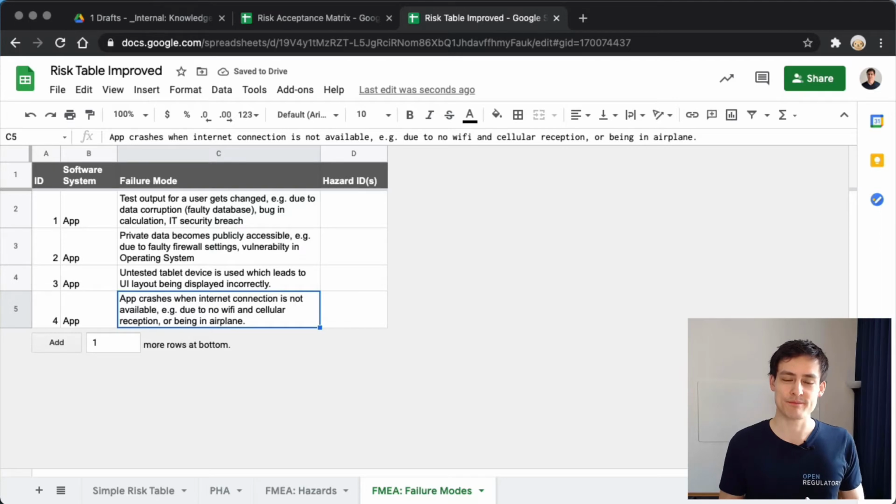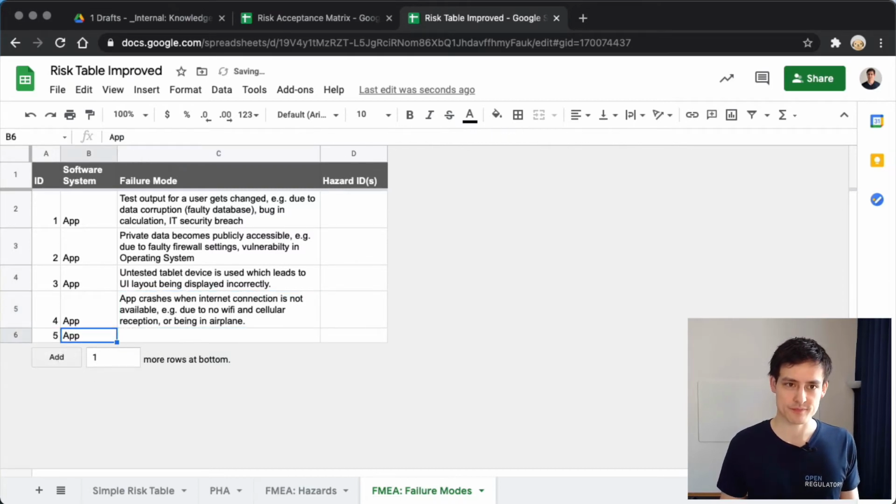Okay, so I think learning by example really helps a lot. So let's add one more example if I can come up with one. What else could you do? Oh, I have a good one. Especially with Android, your application could run on all sorts of devices, right?